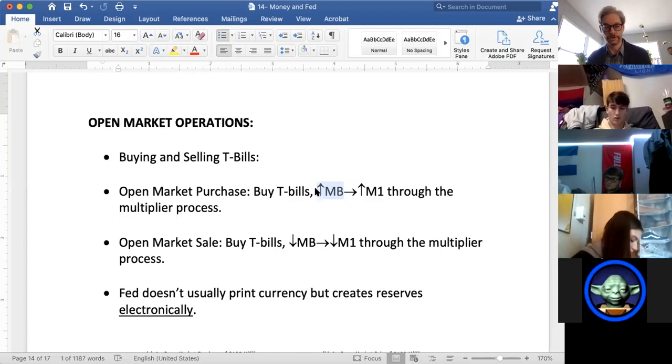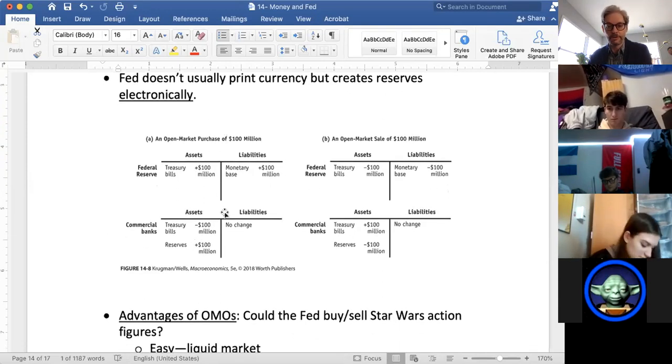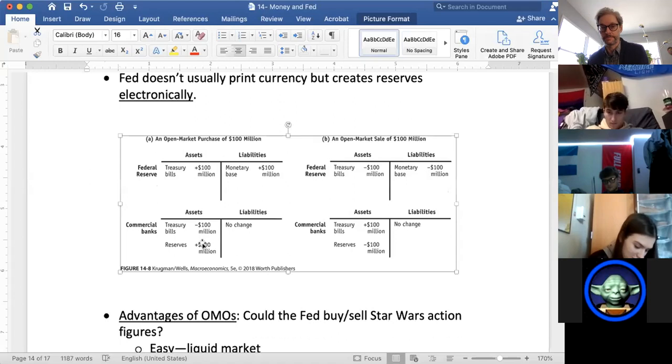So if you can see here, look on the left-hand side and look at the T account of commercial banks. What happens when the Fed conducts an open market purchase of 100 million? The banks lose treasury bills, and what do they get in return? Reserves.